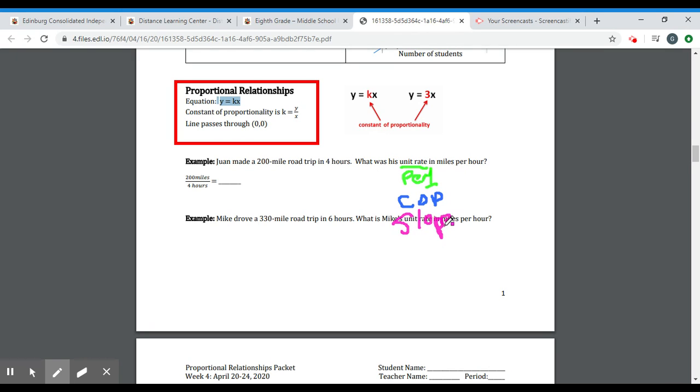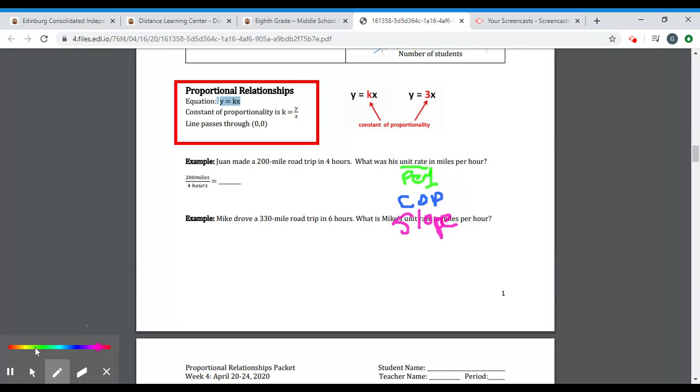So when you see the words unit rate, that's a clue that they want us to find the per one, the constant of proportionality, or the slope. Either way that you want to look at it, they all mean the same thing. So they want to know the unit rate of miles per hour.